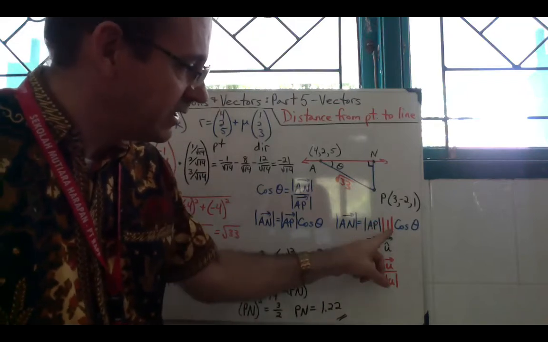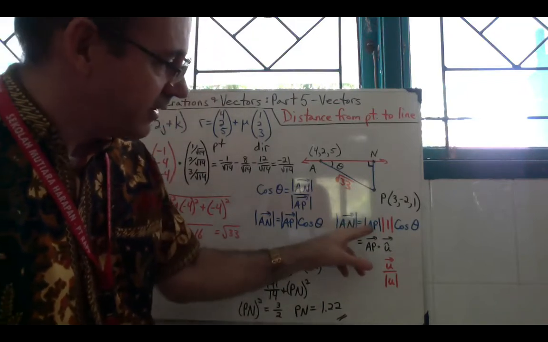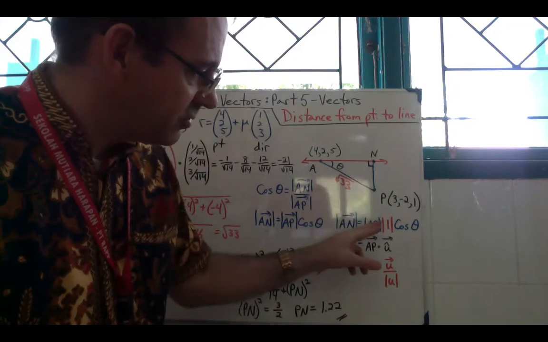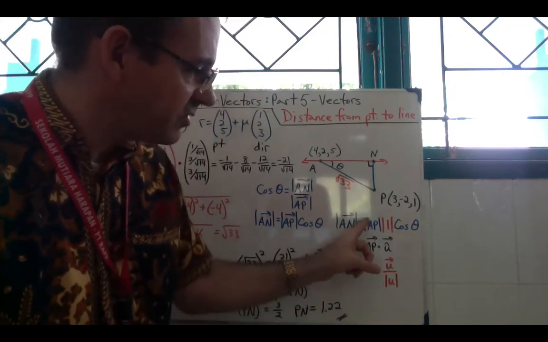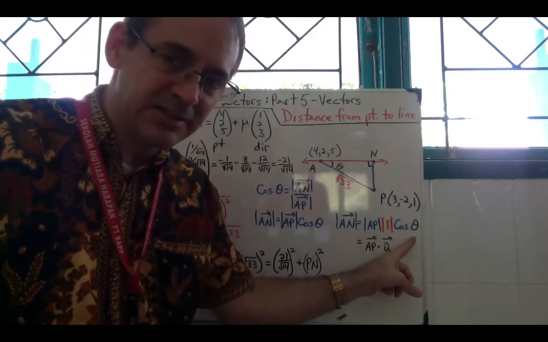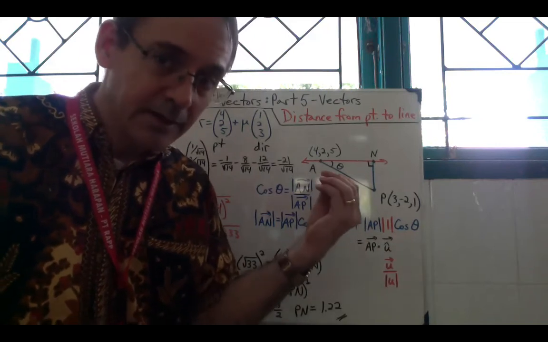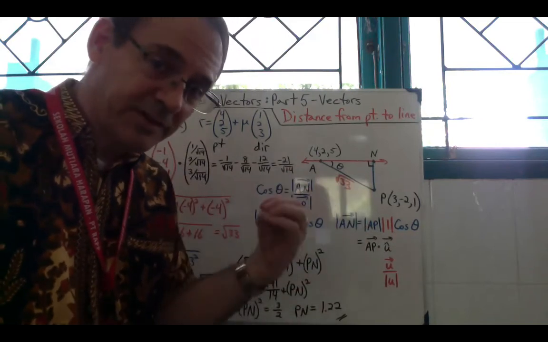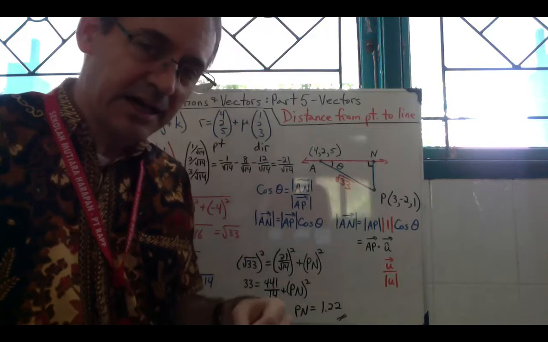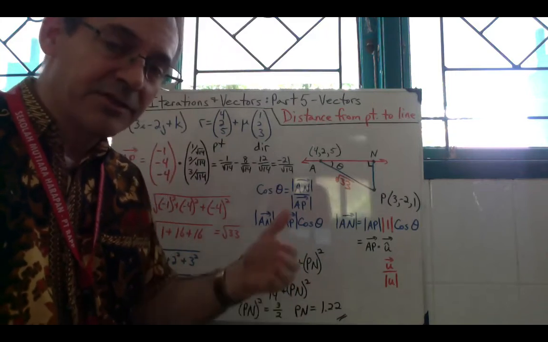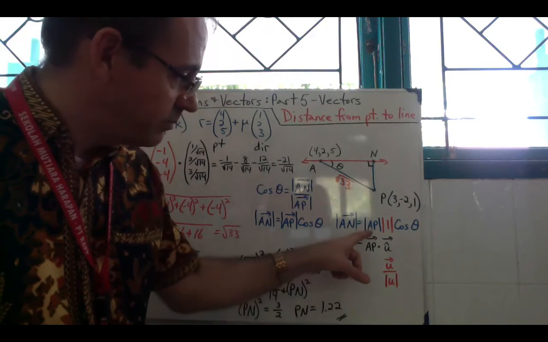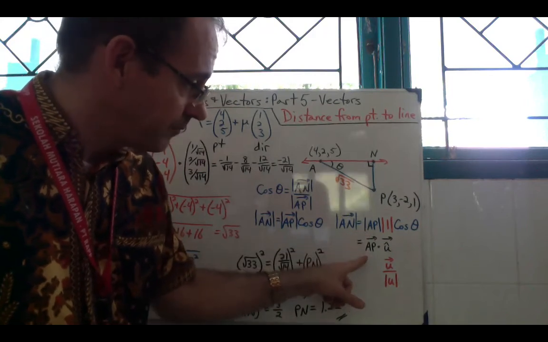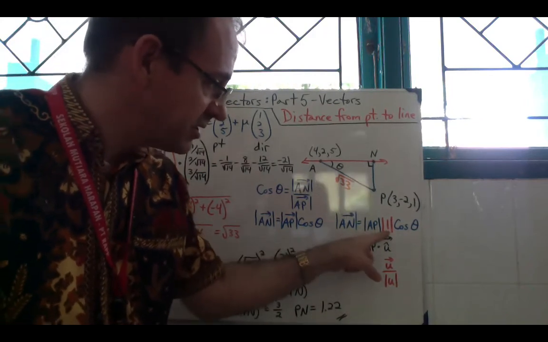So if we have a magnitude of 1, now we have the AP magnitude, the magnitude of 1, and cosine theta. This is exactly like the right-hand side of the dot product formula. So if it's equal to the right-hand side, then it's also equal to the left-hand side, which would be the direction of AP times the direction of 1.